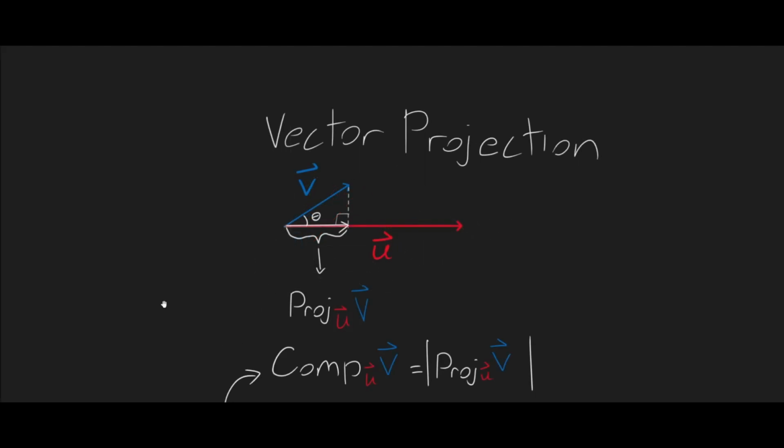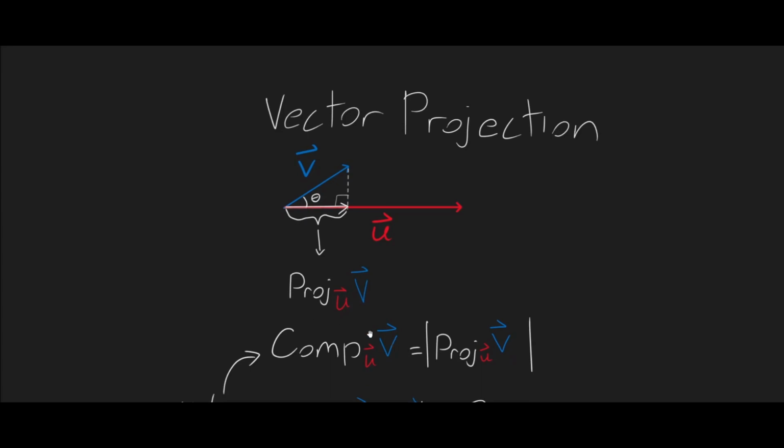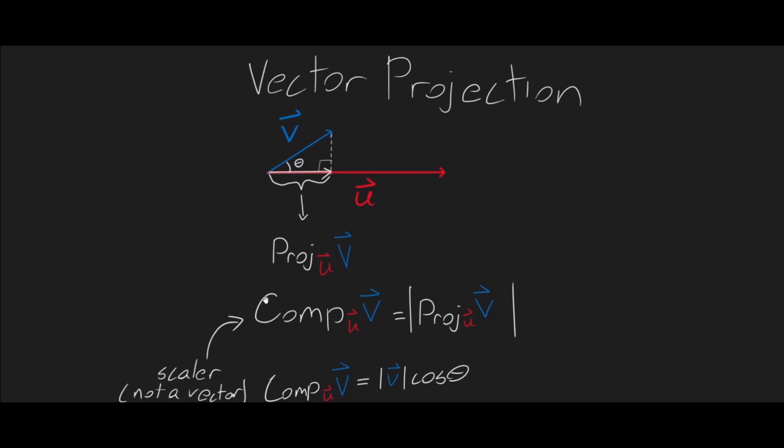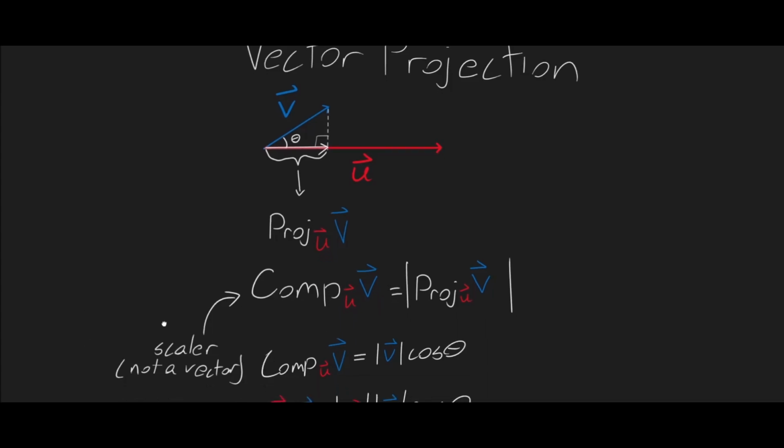So to find the distance, we need to understand vector projection. Imagine you have two vectors, u and v, and the angle between these two vectors is theta. We want to find the projection of v onto u. The component of v onto u is going to be the magnitude of the projection, and this is going to be a scalar, not a vector. This is what is going to give us our distance.